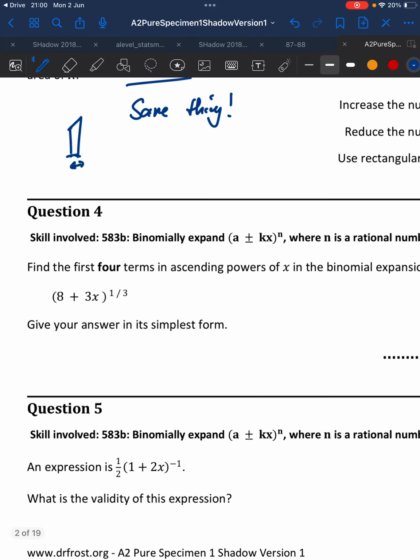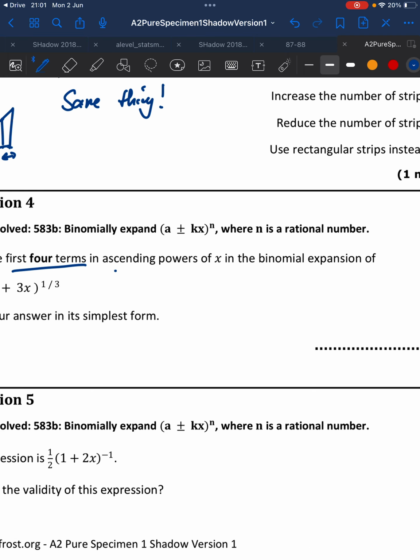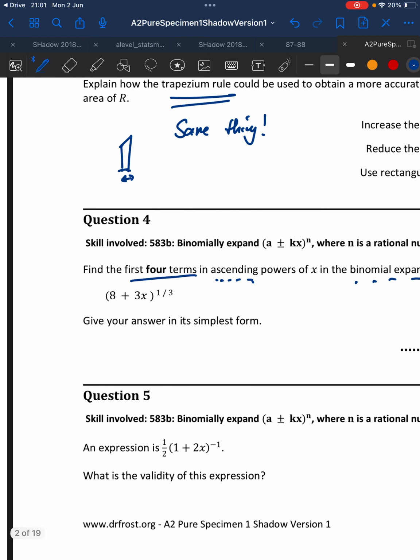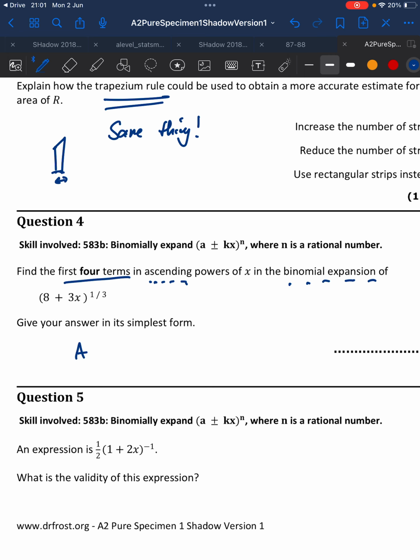Find the first four terms in ascending powers. Terms, yeah, some sort of sequence. Ascending powers, this is a big clue that you've got binomial. So for this one, we want to make sure that we've got the A level section, not the AS, of our formula booklet open, because that's got both binomial expansions, and we want to identify that we have a fractional or a negative power here.